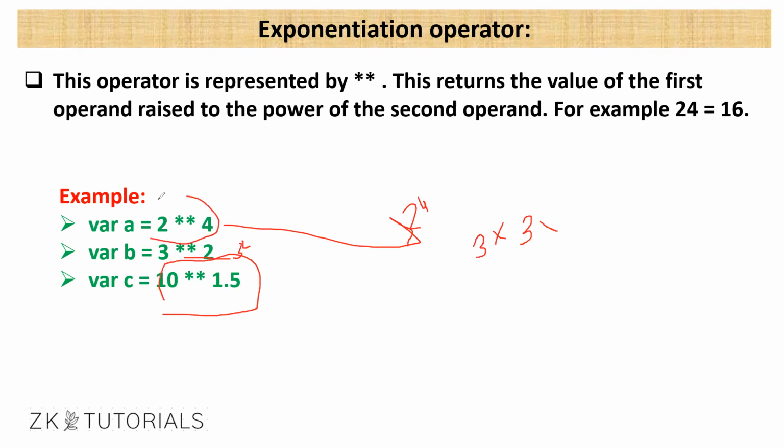Like 2 raised to the power 4, it means 2 into 2 into 2 into 2, like 4 times 2. Then what would the output be? So let's see the output.